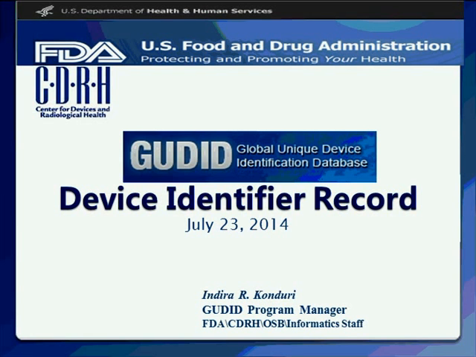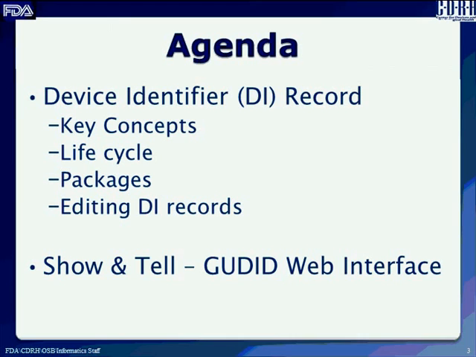At the end, we will do a show and tell where we will log into the GUDID web interface and walk you through the device identifier record and touch upon some of the concepts that we would discuss during the presentation, and then take your questions and answers.